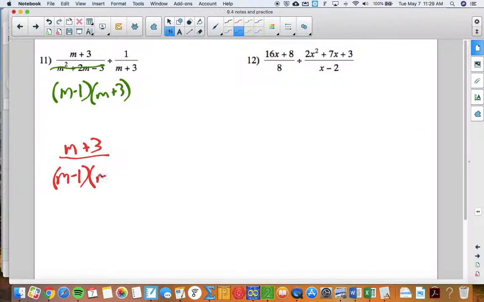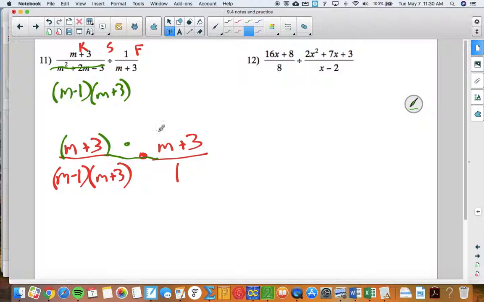That's keeping the first fraction as it is, although I did factor the first fraction. Now switch the division to multiplication, and now flip or reciprocal the second fraction. So the m plus 3 goes on top, the 1 goes on the bottom. Now these fractions are getting multiplied together, so just multiply the top with the top, but give them a hug please because they're more than one term in the factor, and the bottom goes with the bottom.